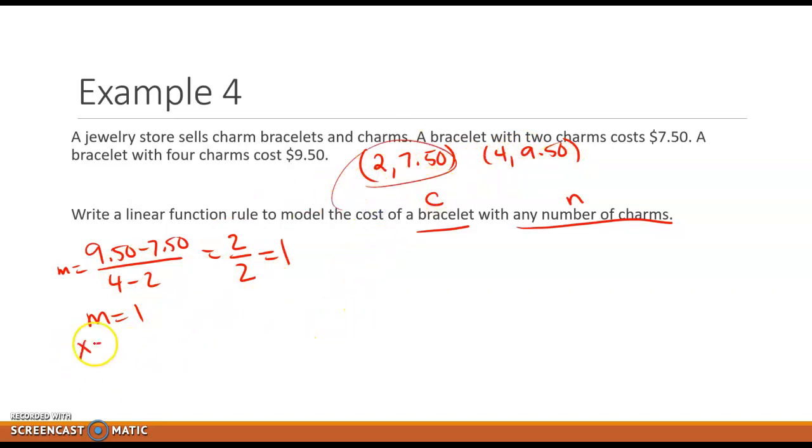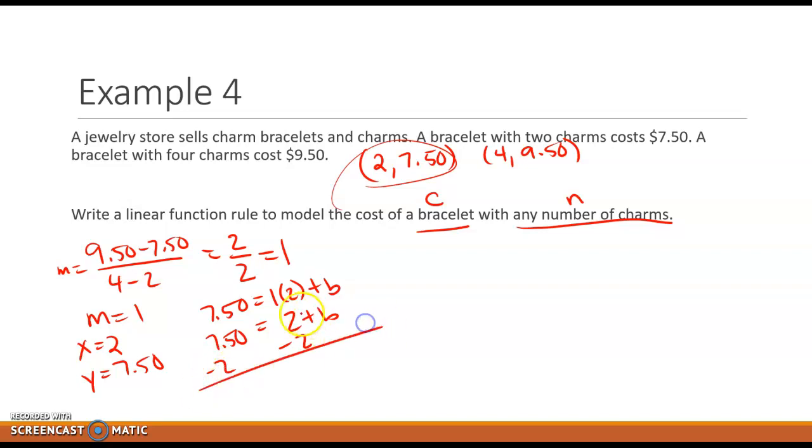So my x is going to be 2, and my y is going to be $7.50. So then I plug in 7.50 equals 1 times 2 plus b. So 1 times 2 is 2, so we have 2 plus b equals 7.50. We subtract 2 from both sides, and we end up with 5.50 is our b value, which is the cost of the bracelet, basically.